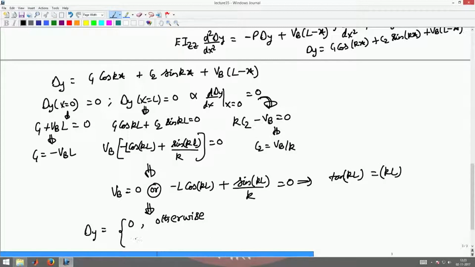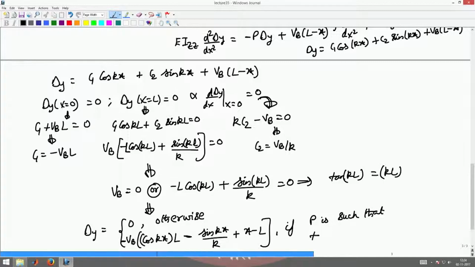Otherwise delta y is given by Vb into minus L cos kx plus sin kx by k plus x minus L. No, there will be a minus sign here, plus x minus L. If P is such that tan of kL minus kL is equal to 0, then solving this equation you can find the P critical value.